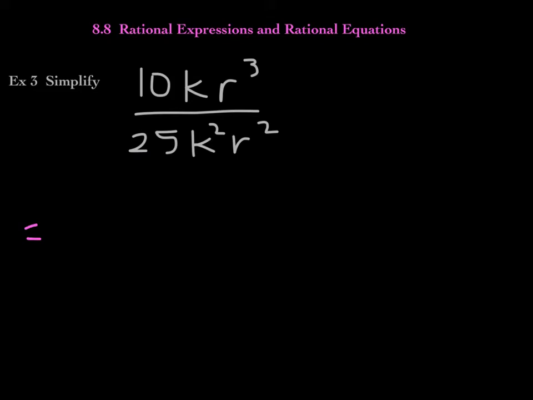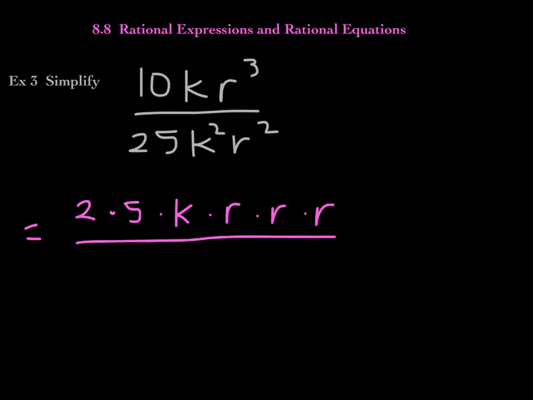10 has prime factors 2 times 5. 2 times 5 is 10, and then times k times r cubed, which is r times r times r. So that's the prime factorization for the numerator. The denominator, 25, is 5 times 5. K squared is k times k, and of course r squared is r times r. And then what we'll do here is divide out any common factors.